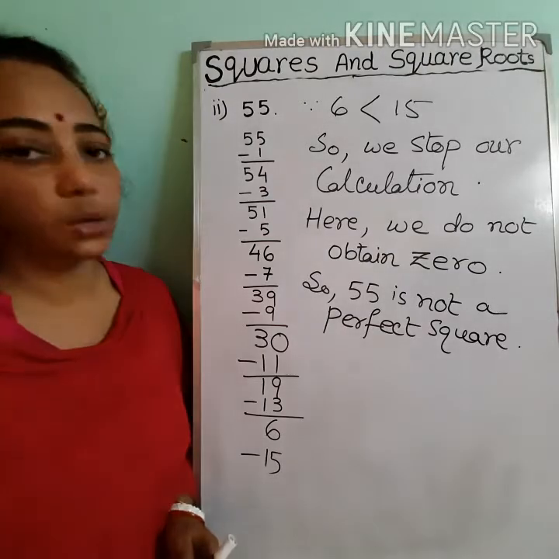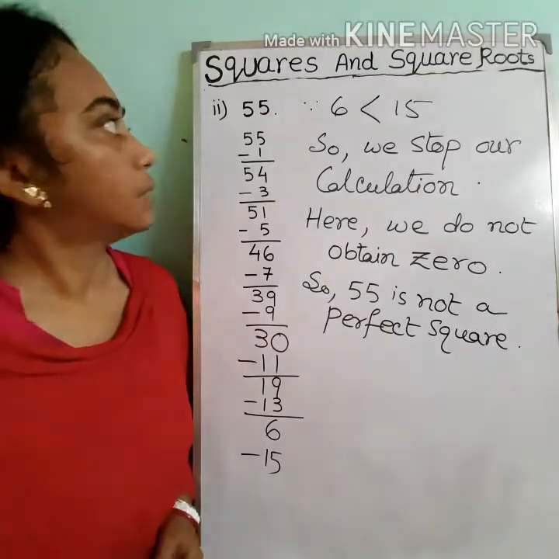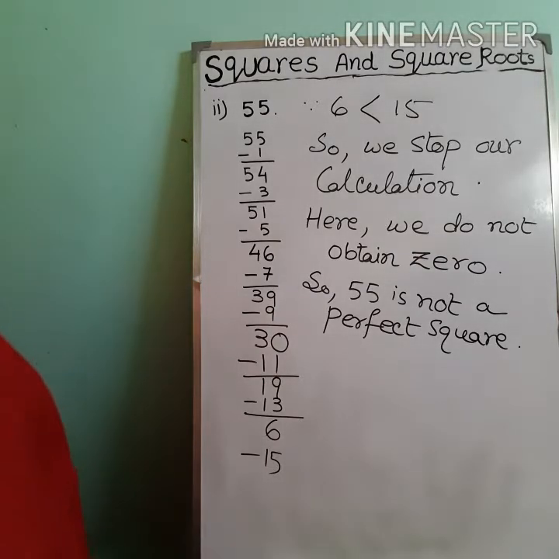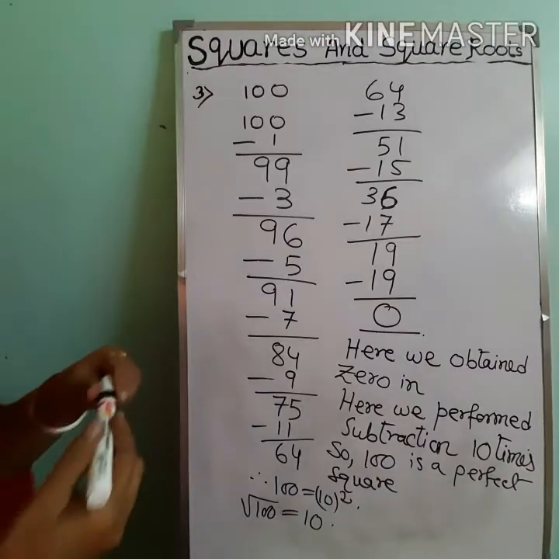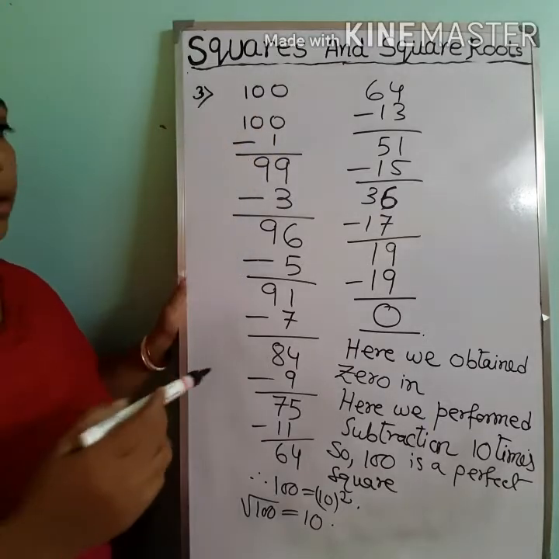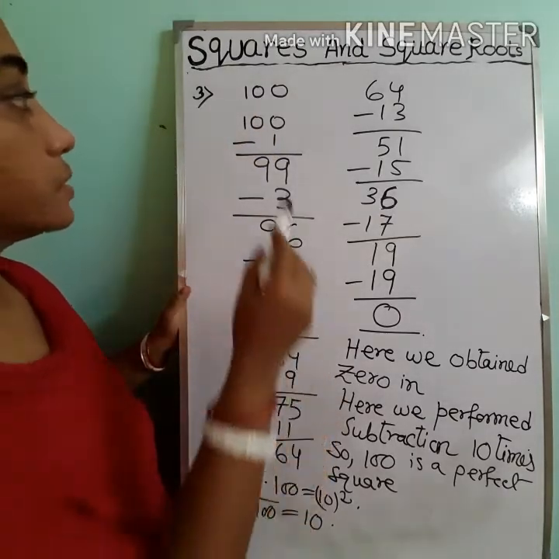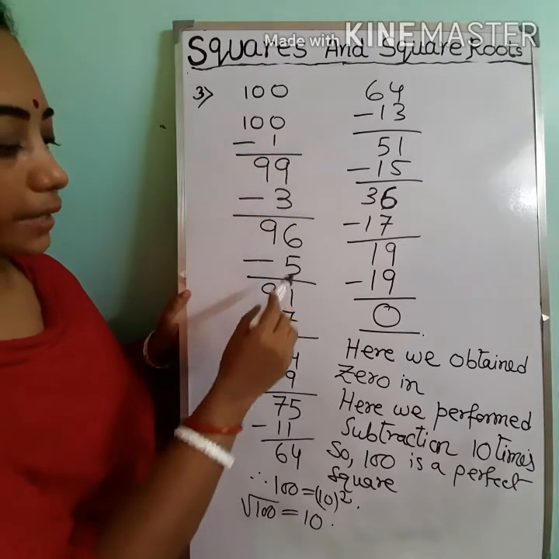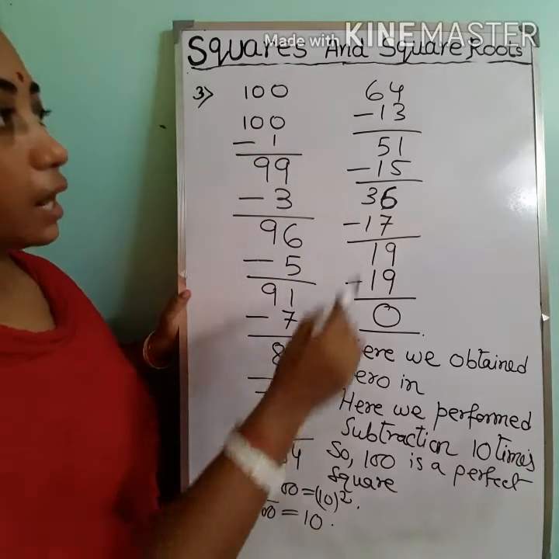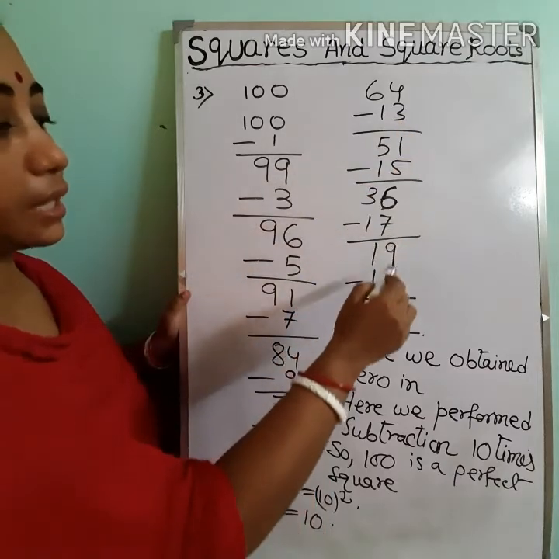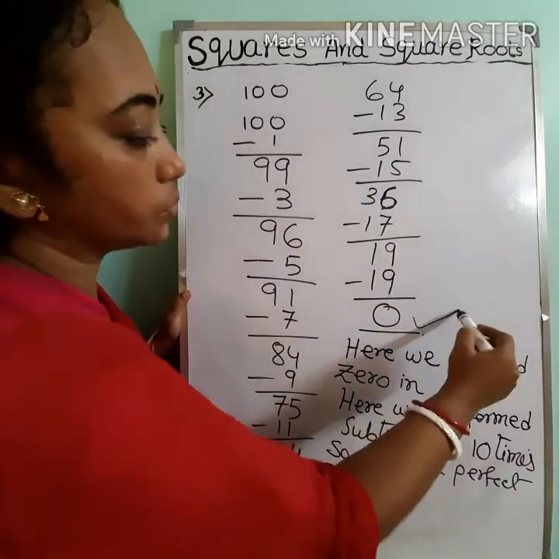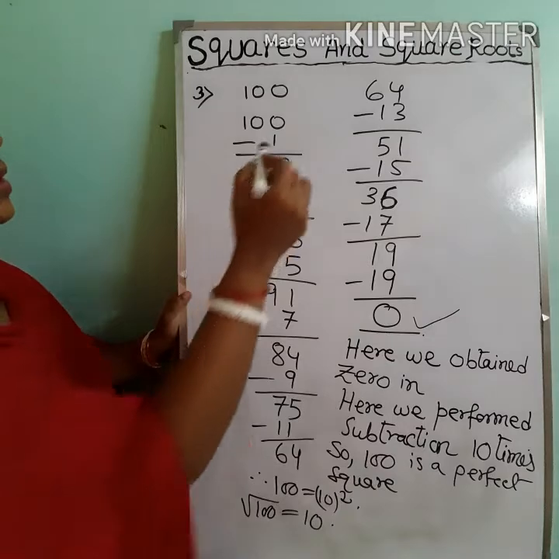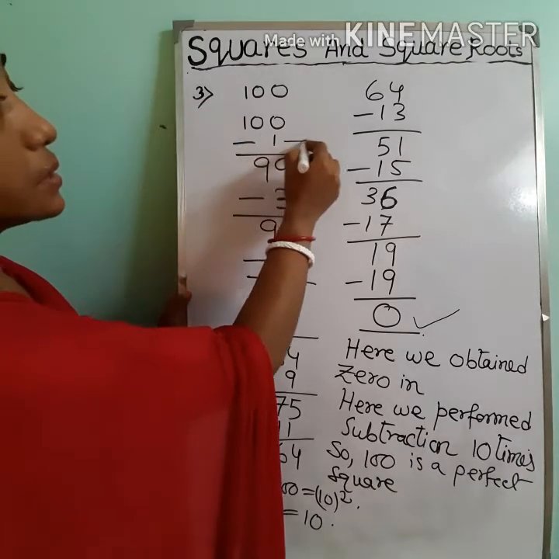Now let's see another question, the number 100. The calculations are already shown. Here 100 is subtracted first by 1, then 3, 5, 7, 9, 11. After that 13, 15, 17, 19. Then we got 0. Now we got 0 in how many steps? This is 1 step.